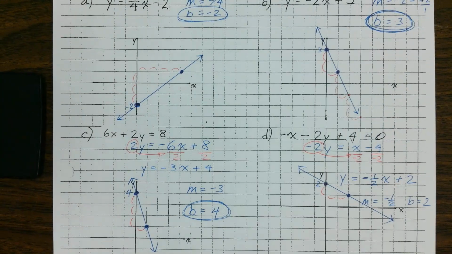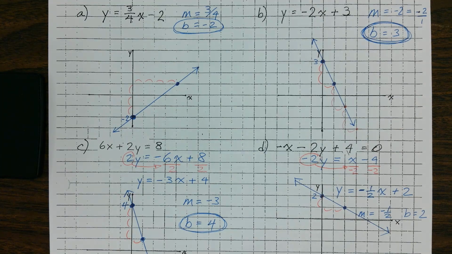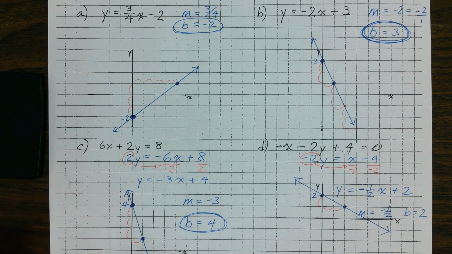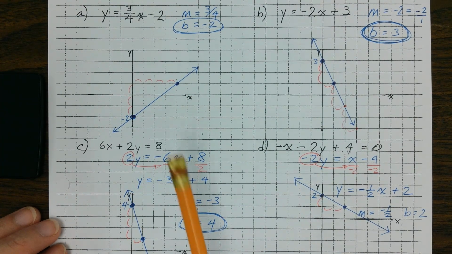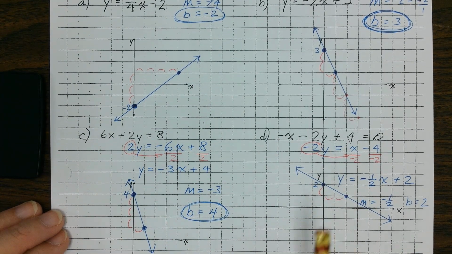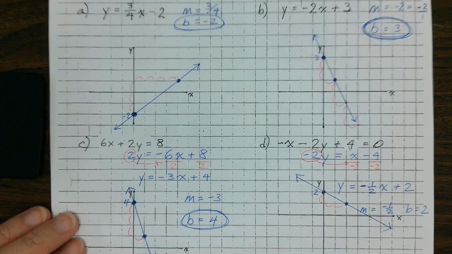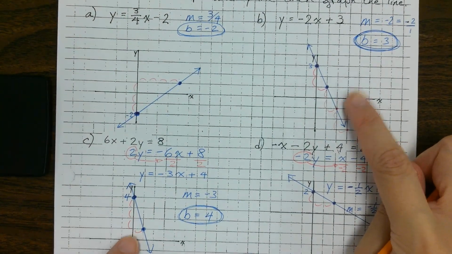So what does slope measure again? Steepness, perfect. So looking at these 4 lines, which one is the most steep? Which line looks like it's the steepest out of the 4? C. How do I know? Some of you were figuring, is it this one or this one?